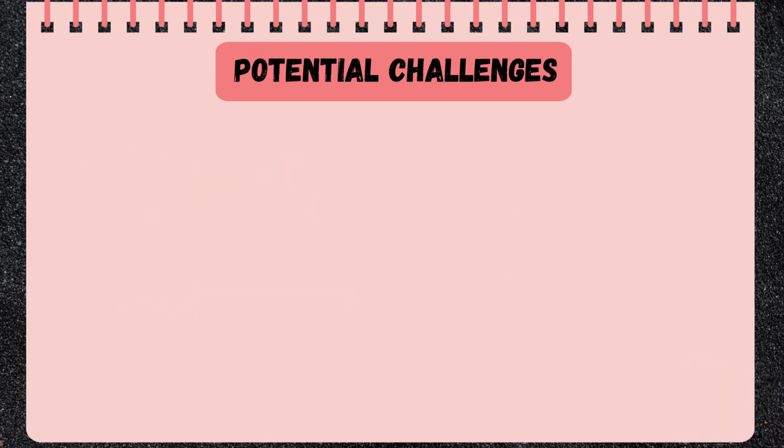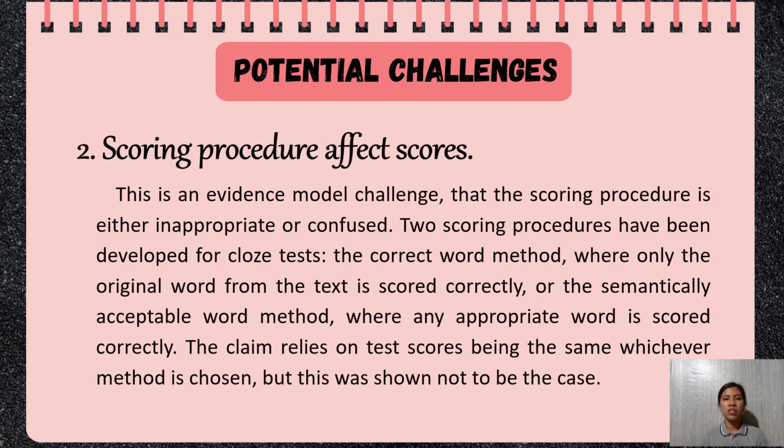The second potential challenge is that the scoring procedure affects scores. This is an evidence model challenge, that the scoring procedure is either inappropriate or confused.